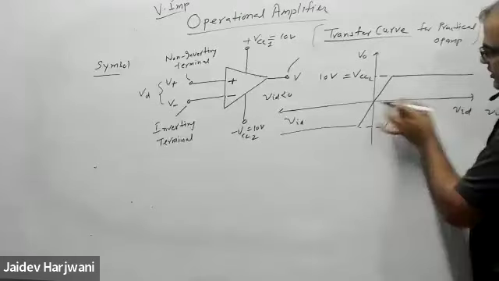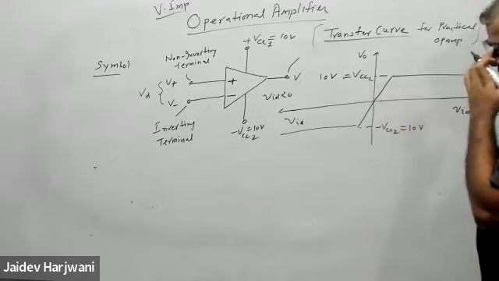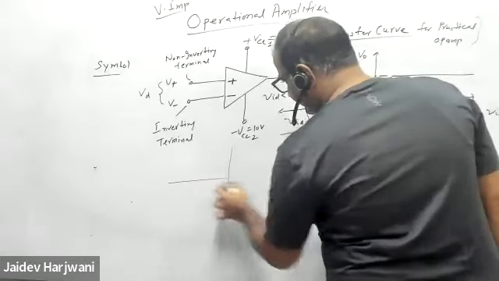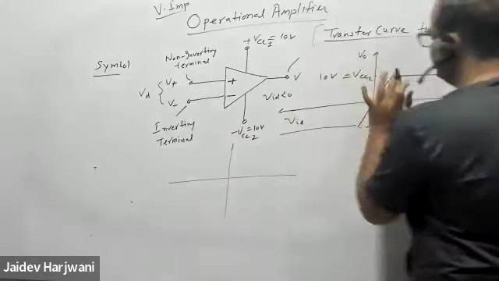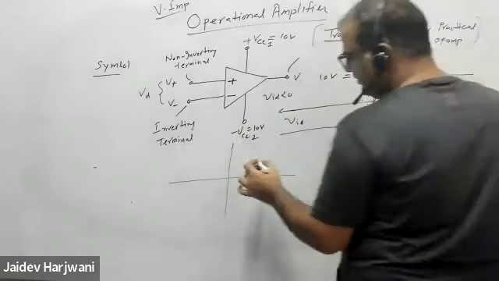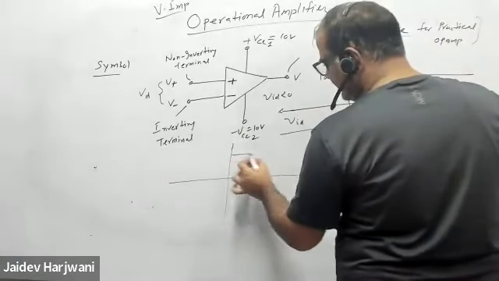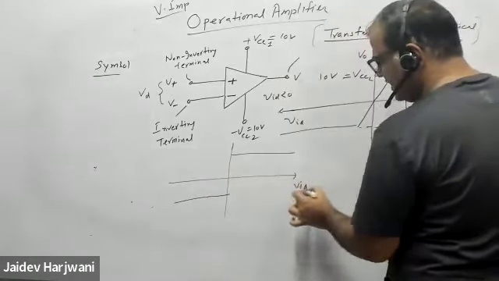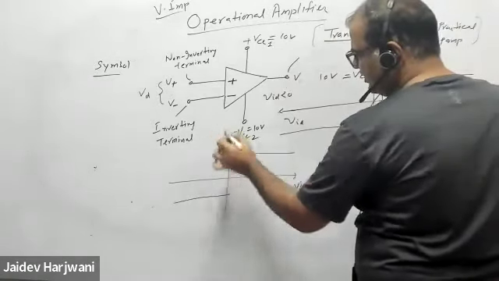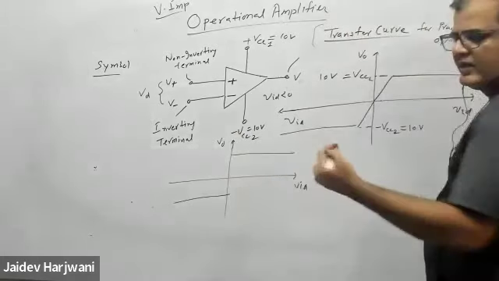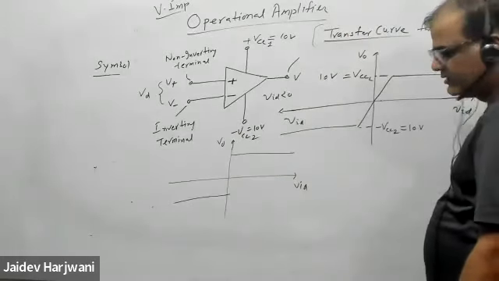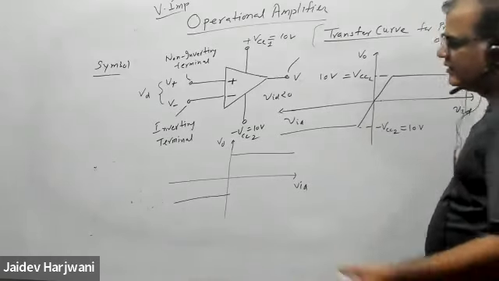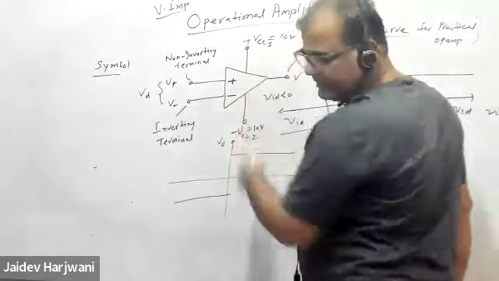Similarly, this scale is in volts, so microvolts I cannot see. So generally, whenever your gain is very high, I plot this, which is for the practical case, just for understanding. Generally, when we see the op-amp transfer curve, it is plotted like this. This is your VID, this is your Vo, because the AOL is considered infinite. What does infinite mean? Any difference you apply, the output will come infinite.